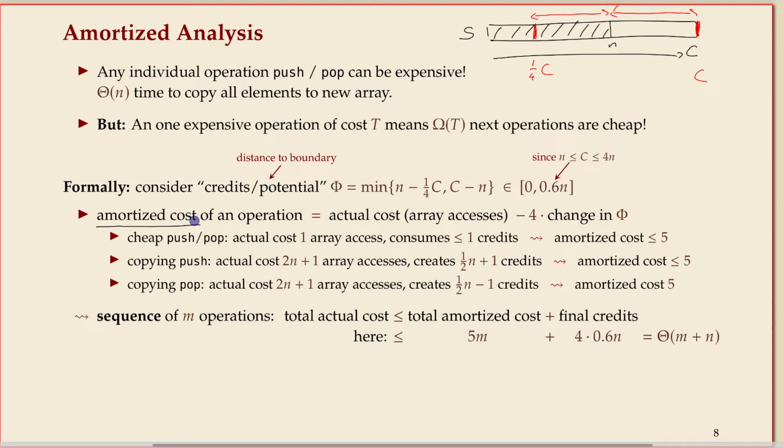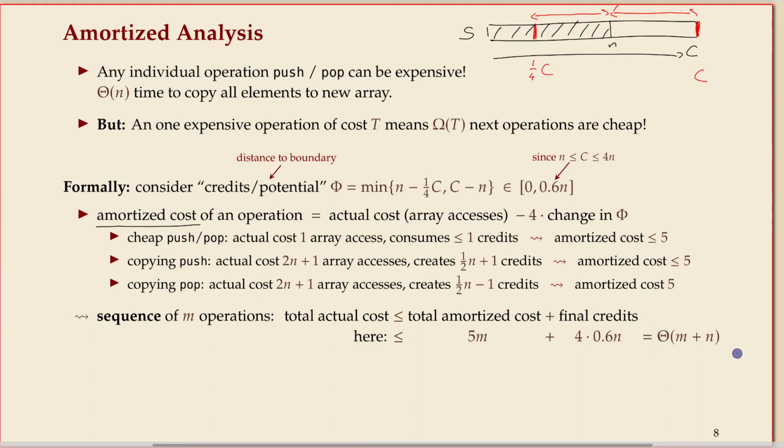What we have to do for this, maybe before we go into these steps, let's have a look at what we get at the very end. If we have a sequence of m operations in total, then we can bound the total cost that we actually pay for that sequence of operations by the total amortized cost that we will analyze in a second, plus the final potential, the final number of credits.